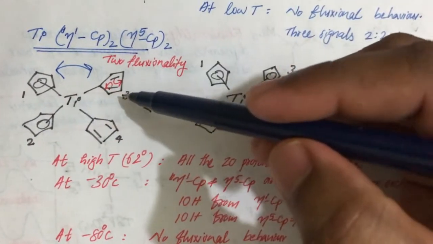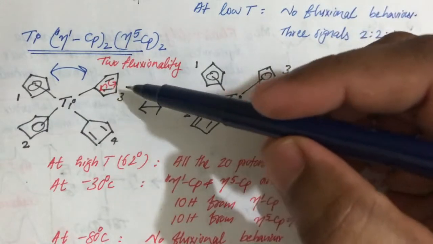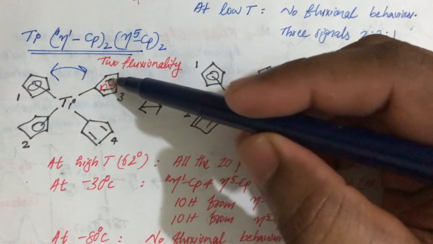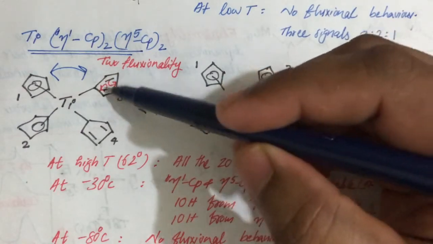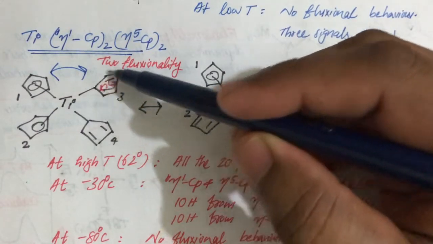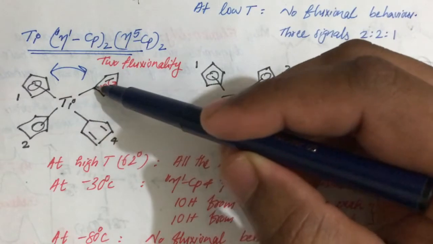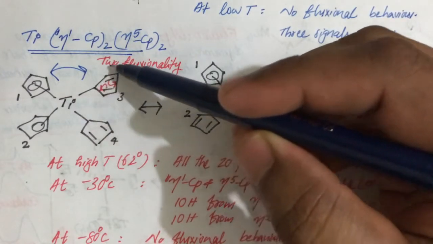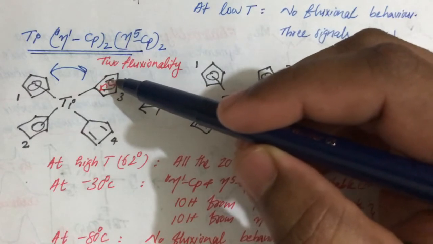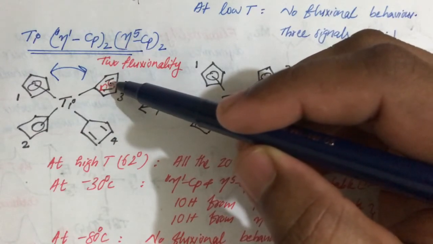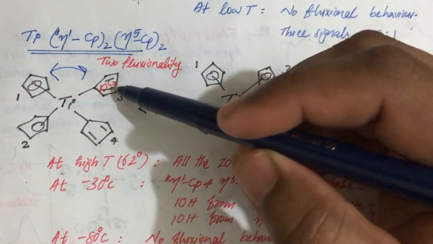Another mode of fluxional behavior, which we have discussed earlier, is ring whizzing. This hapticity 1 ligand can undergo ring whizzing, and this titanium can bond with all these 5 carbon atoms of the hapticity 1 cyclopentadienyl ligand.